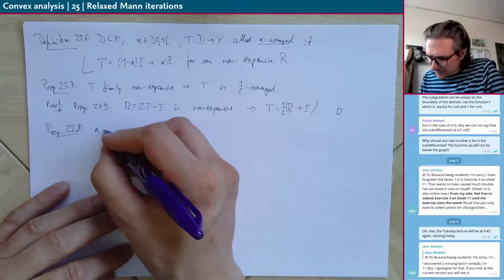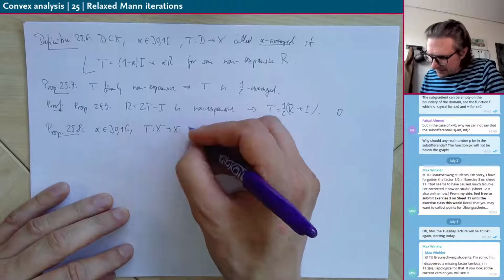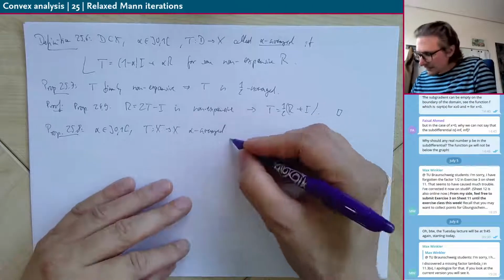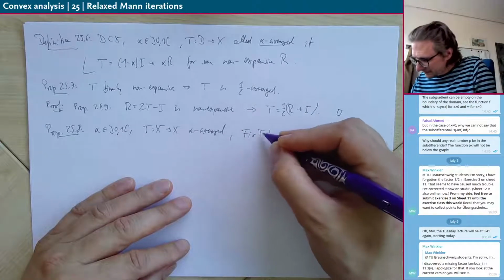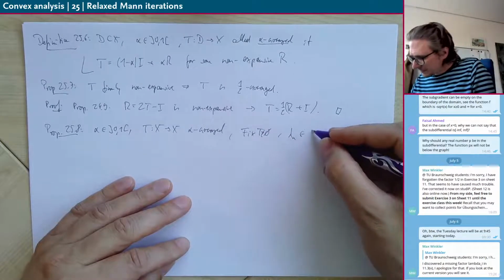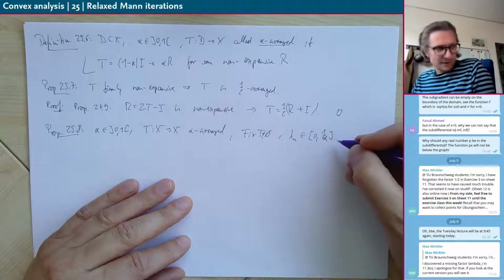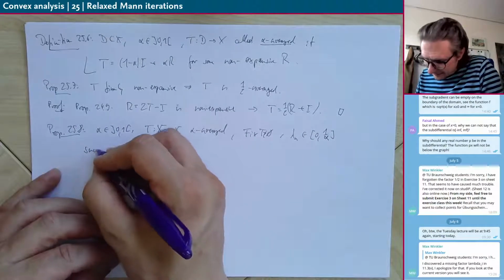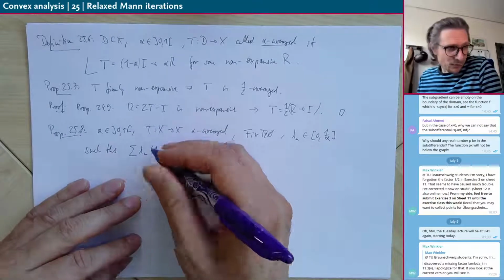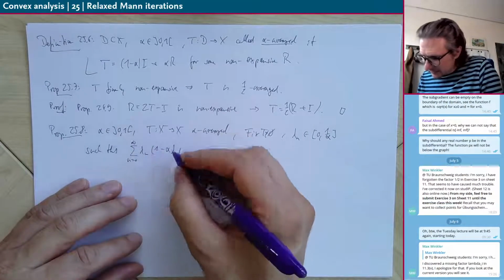So if we now have alpha between 0 and 1, and T from X to X alpha averaged, for example firmly non-expansive, with non-empty fixed point set, and lambda n is now a sequence between 0 and 1 over alpha, such that the series over lambda n times (1 minus alpha times lambda n), with n going from 0 to infinity, diverges.